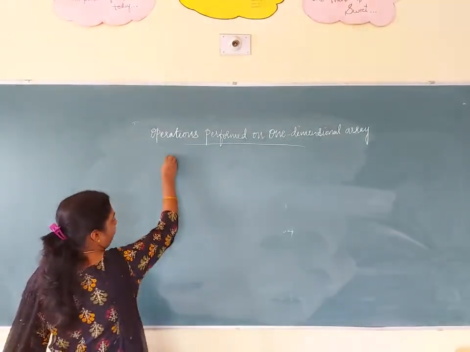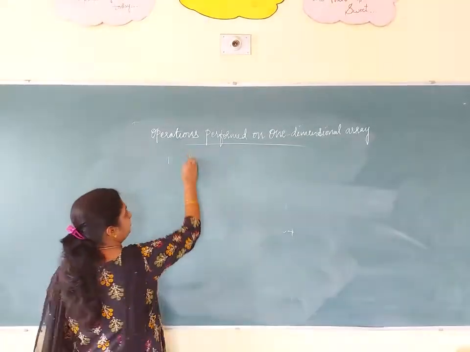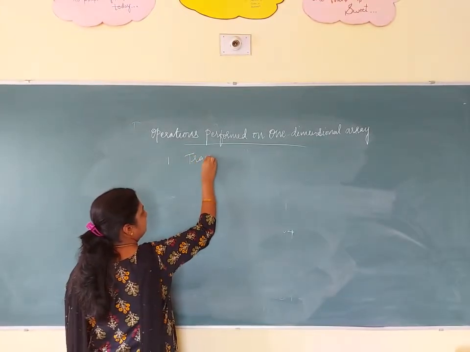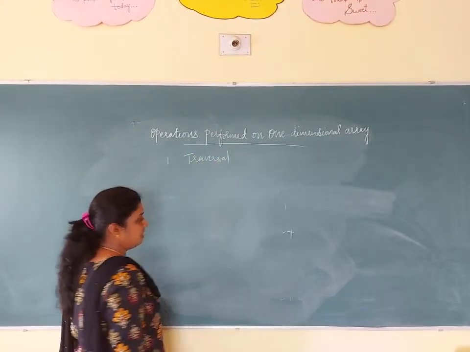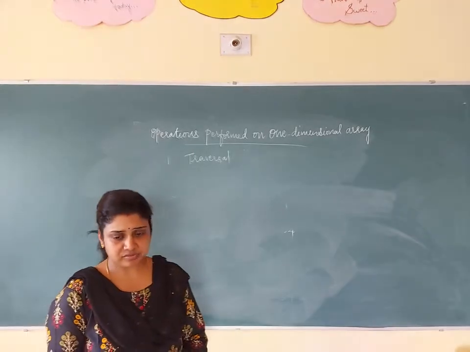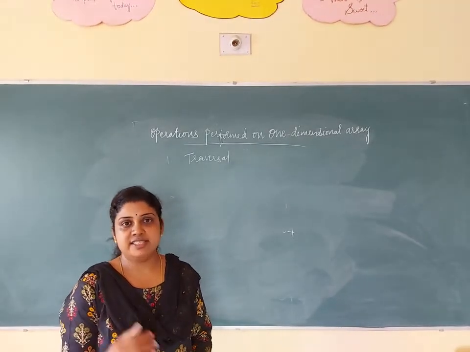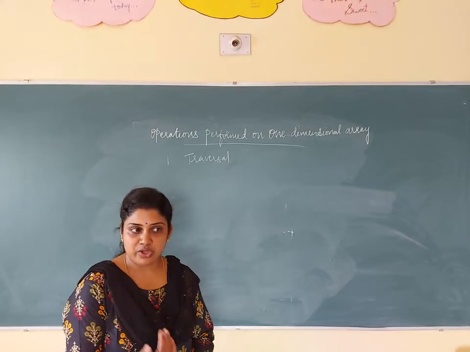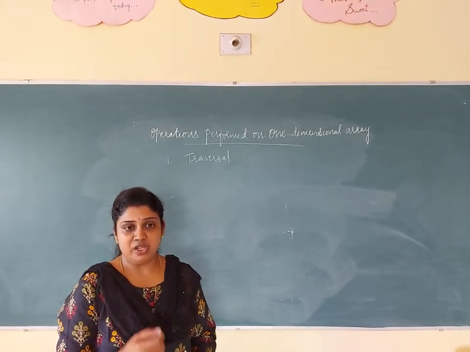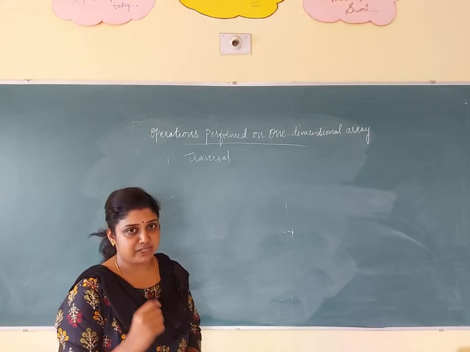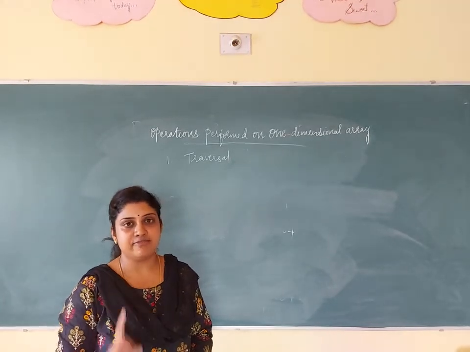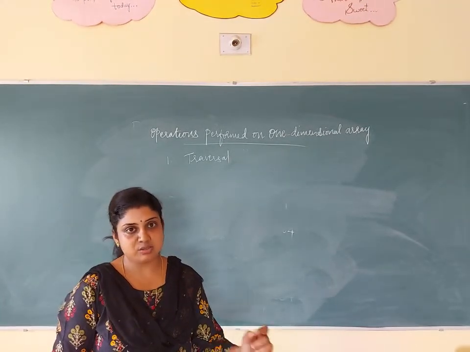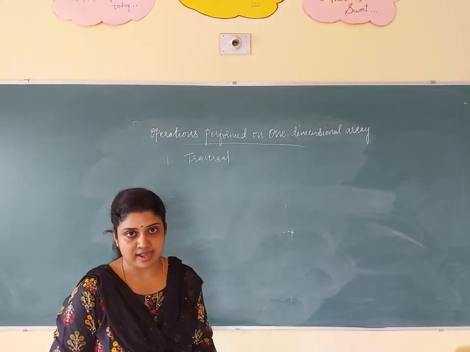What are the main operations? The first one is traversal. Already we discussed it. Traversal means consider an array, inside which we are storing data elements. Whenever you access the data elements, you have to access each and every element exactly once. If you didn't access even one element, it is not a traversal.